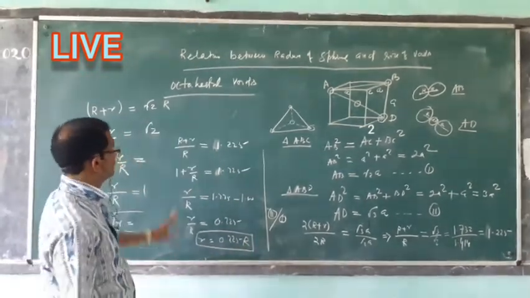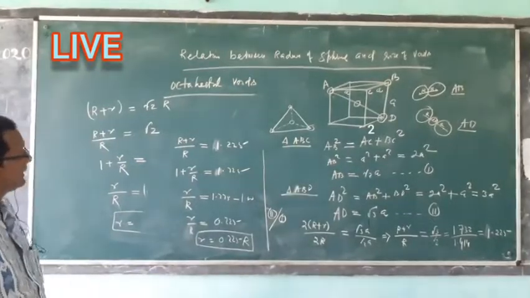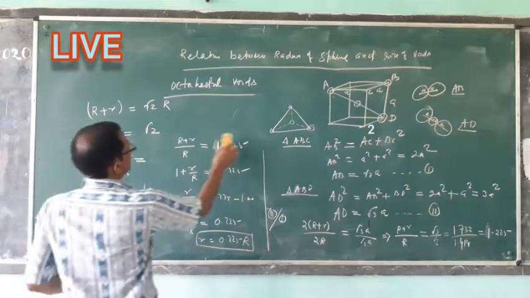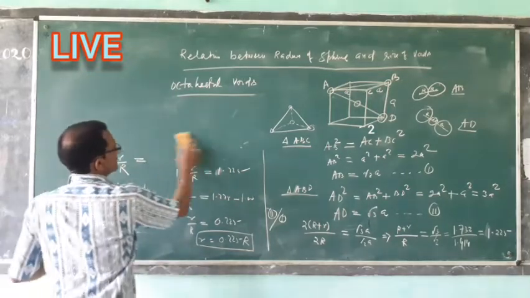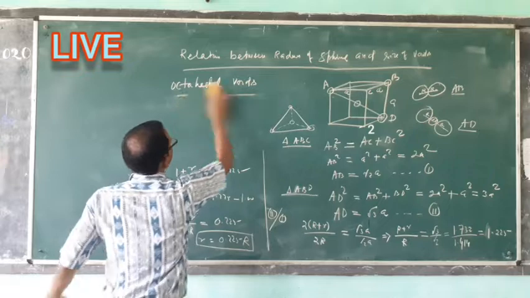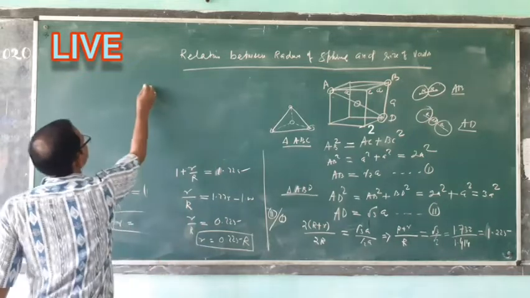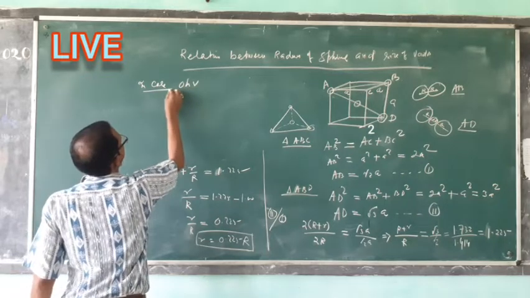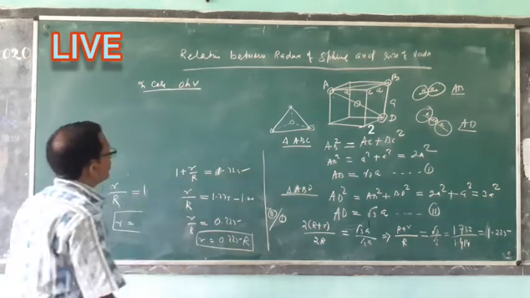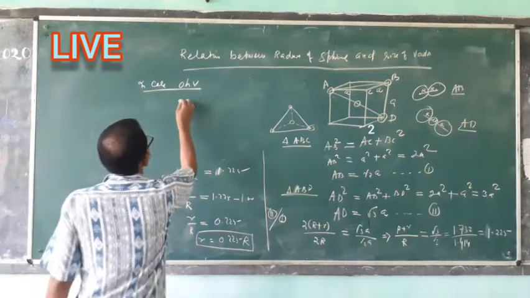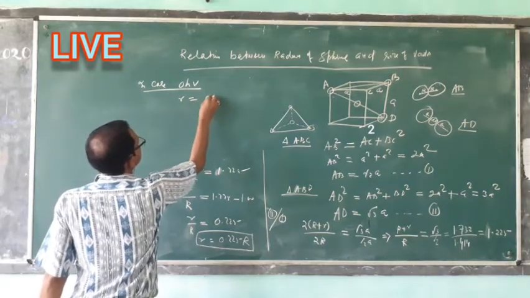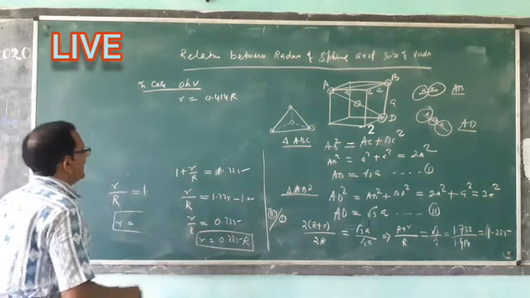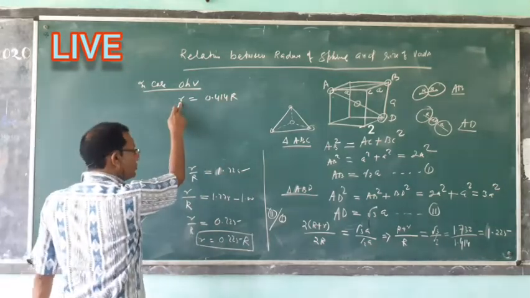If you compare in case of octahedral voids and tetrahedral voids, in case of octahedral voids, small r is equal to 0.414 capital R, and r is the size of voids.